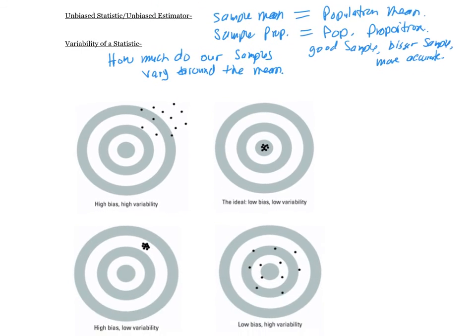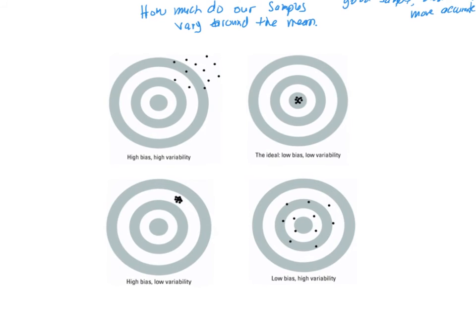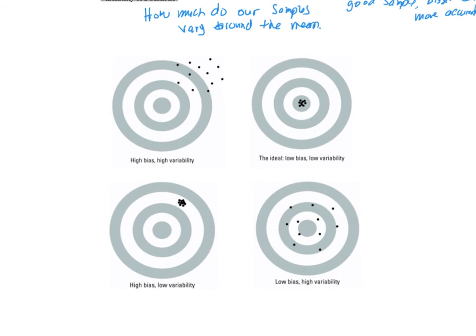Here are 4 pictures which will help you understand how these interrelate. You can think of the bullseye in the middle as being the population mean, and you can think of each of these little dots as samples. These could be p's, and these also could be p-hats, depending on if we're talking about categorical or quantitative data.